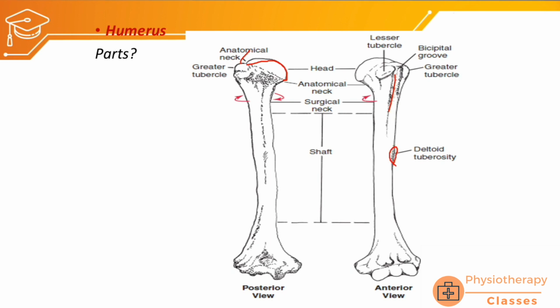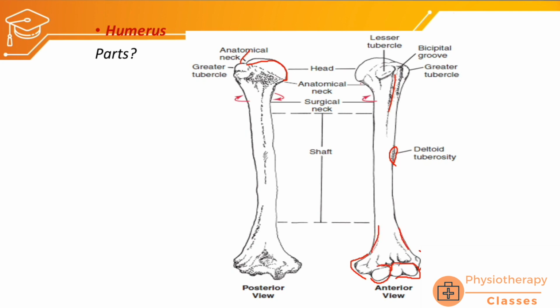Let's come to the distal part of the humerus. In the distal part we have a medial epicondyle and a lateral epicondyle. Laterally we have the capitulum and medially we have the trochlea. And this part bilaterally is called the supracondylar ridge.